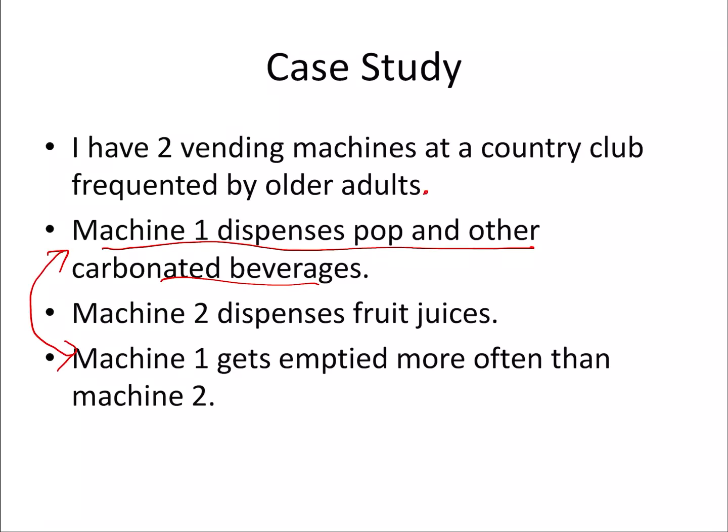And why might that be? Is it because older adults make poor health choices?